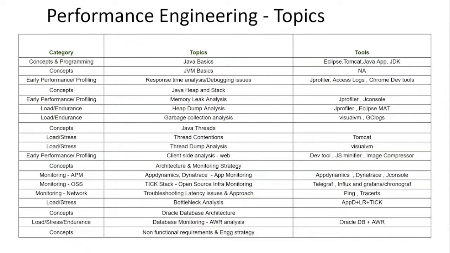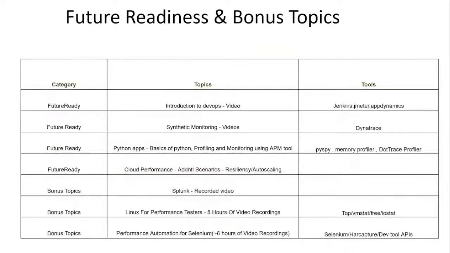So far, whatever I have told you is going to be practical, with some 20% theoretical. The NFR engineering strategy alone is probably going to be a concept-oriented, theoretical session.